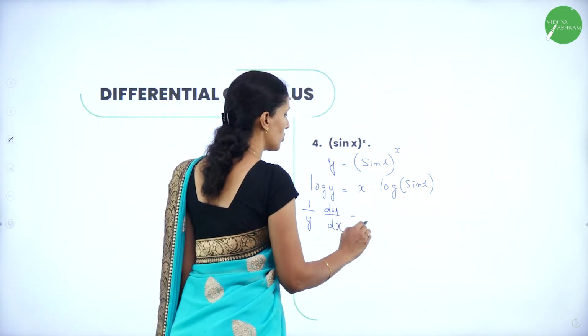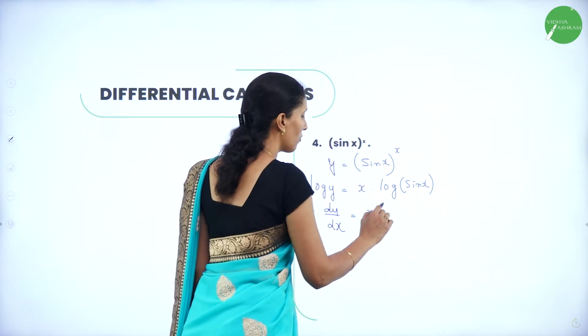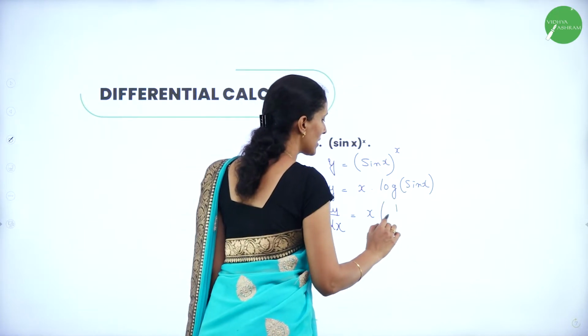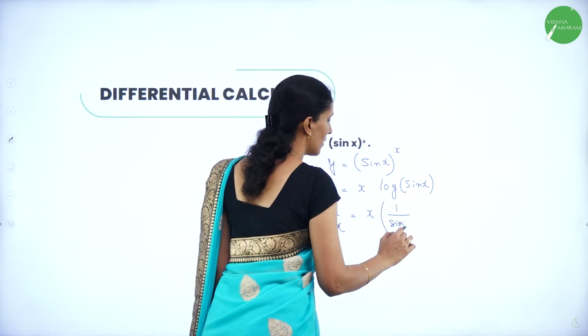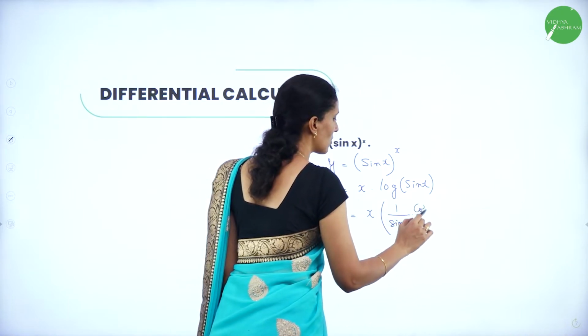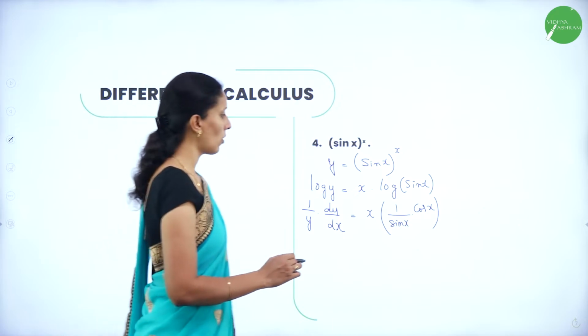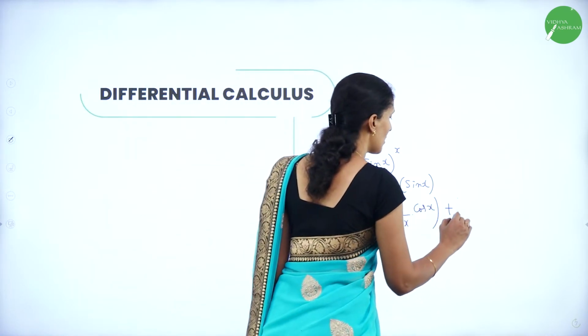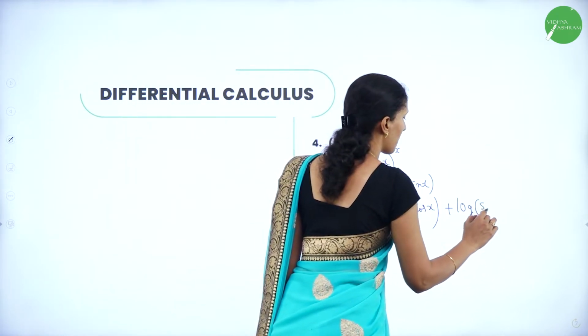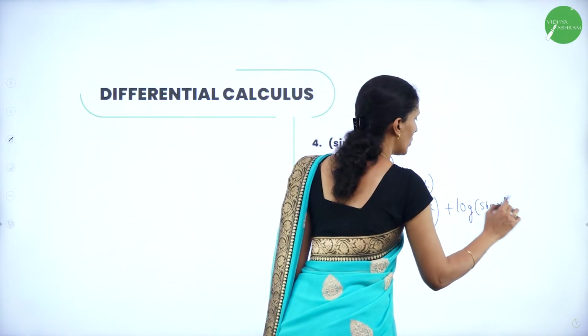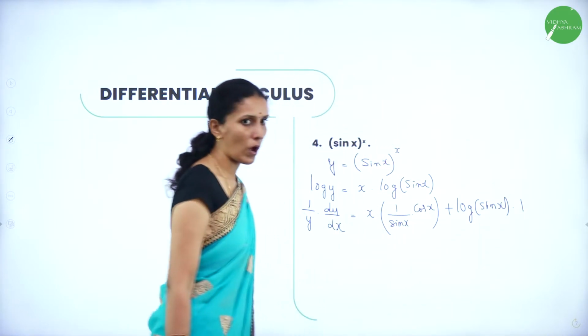Here first function as it is, derivative of the second: log of sin x is 1 by sin x and derivative of sin x is cos x. The composite function, chain rule you have to apply. Next, plus log of sin x into derivative of x, which is 1.